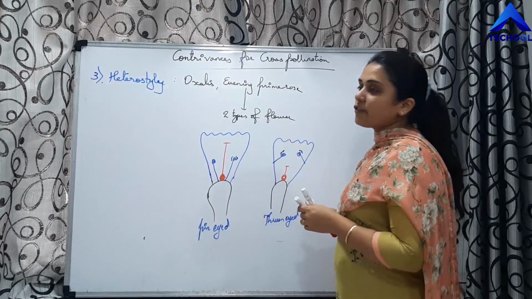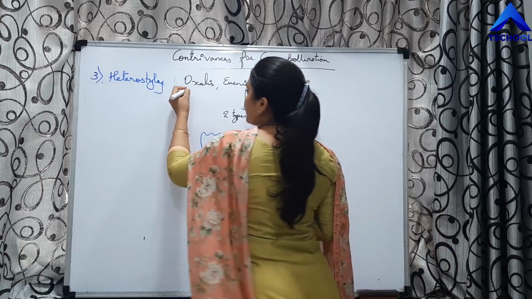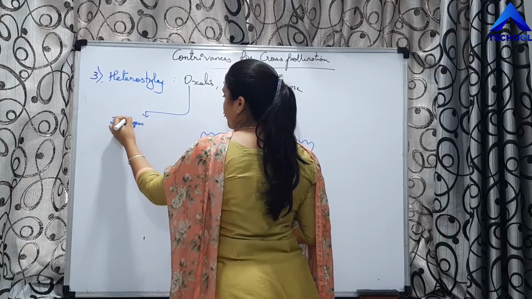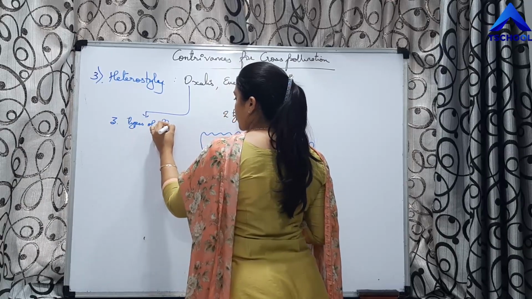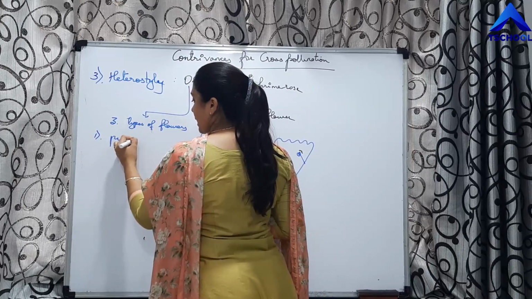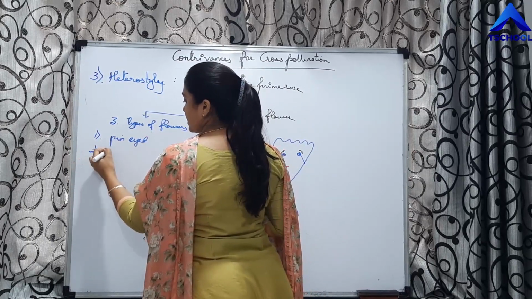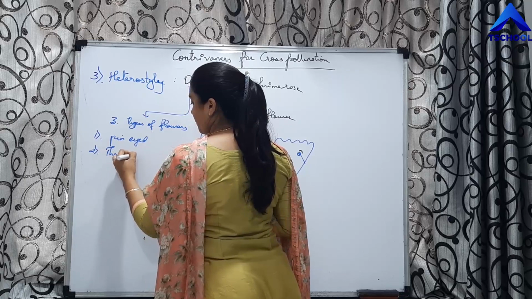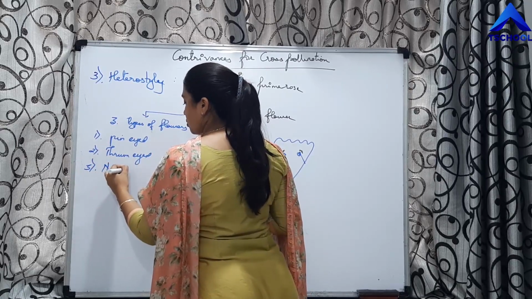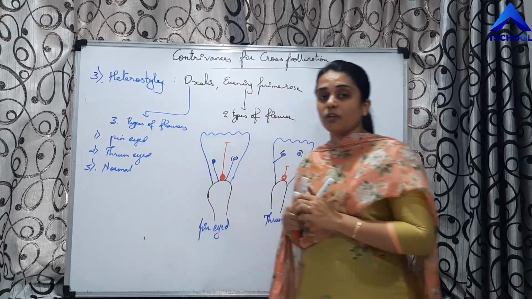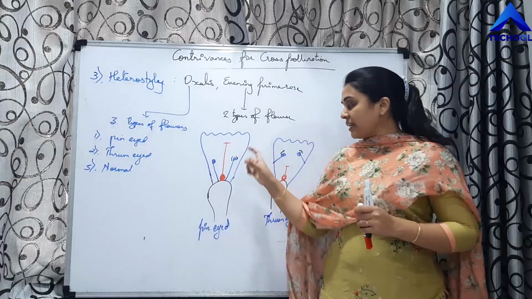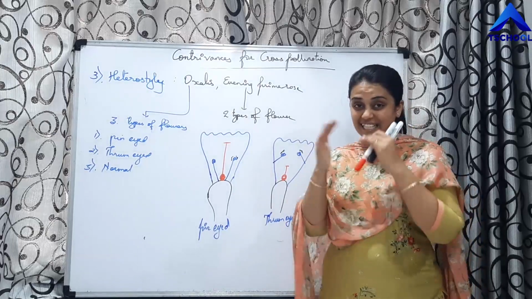Evening primrose has two types of flowers. Oxalis has three types of flowers. One is pin-eyed, second is thrum-eyed, and third is normal, where the length of the style and the length of the filament of the anther is of the same length, right?